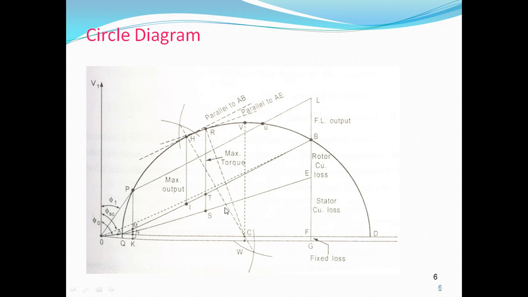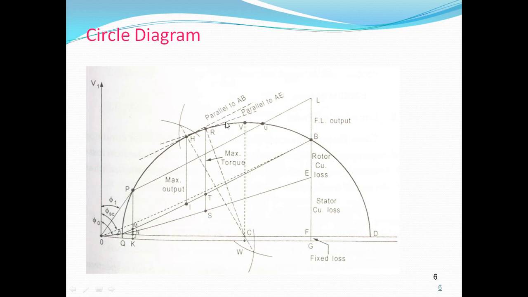To find out the maximum torque, we have to draw a line parallel to the torque line. What is the torque line? AE. We have to draw a line parallel to AE and tangent to the semicircle, that is here. This is the parallel line to AE.